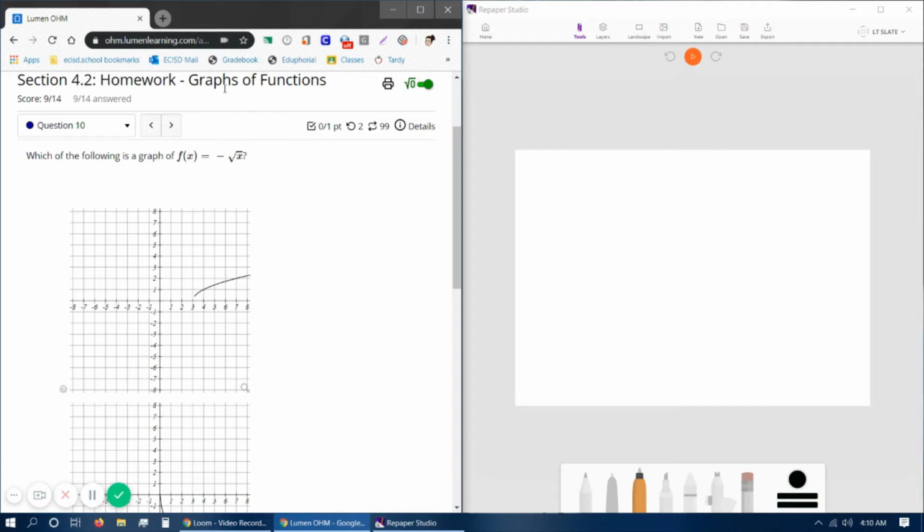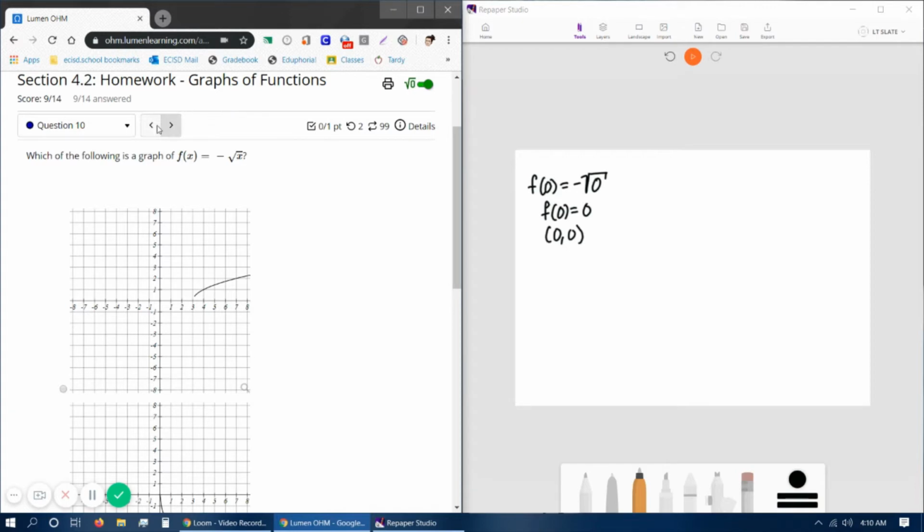Since x is the only thing inside of the square root, the smallest x value I can use is 0. If I plug in 0, I'll have f of 0 equals the negative square root of 0. The square root of 0 is 0, so this will simplify to f of 0 equals 0, giving me my first point at 0, 0.